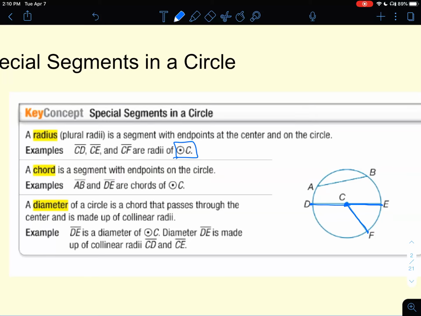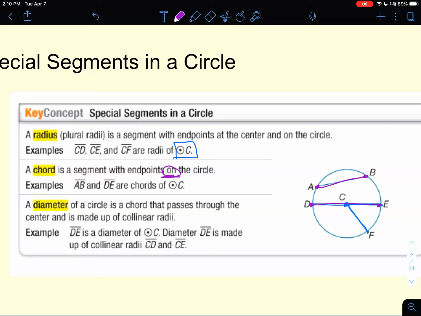Our next one is a chord. Now a chord is a segment whose endpoints are on the circle. We have two chords, and the key is that they have to be on the circle. So for instance, this segment AB, the points A and B are on the circle, as is with D and E. So the segments AB and DE are each on the circle, and they are chords.